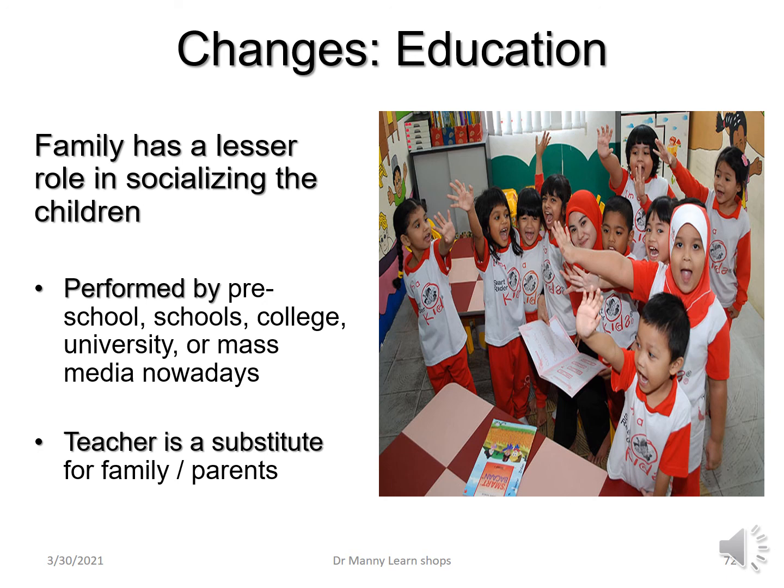However, according to the research, it's being performed by preschools, kindergarten, schools, college, university, and mass media nowadays, which again you'll review when we look at institutions such as this as agents of socialisation. The teacher appears to be a substitute for family and parents. Again, I'm not convinced. The teacher is an important element for education, socialisation. However, I think the family still is.